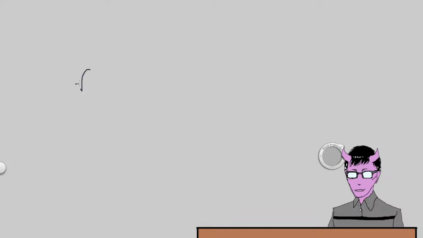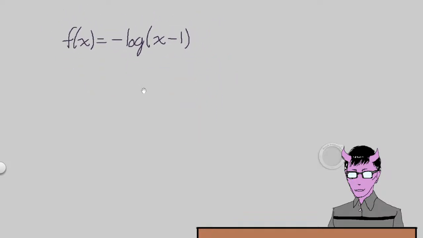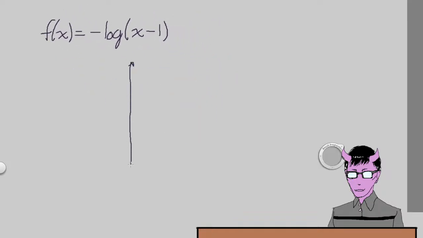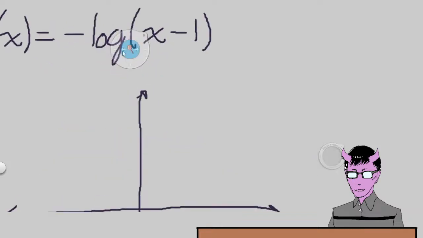So here we are. We're going back to f of x, negative, so something fairly simple. Let's make this base 3.